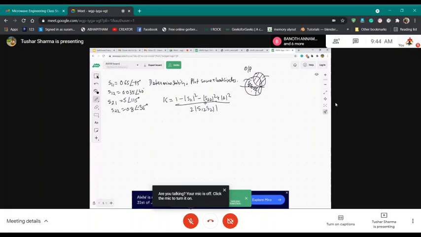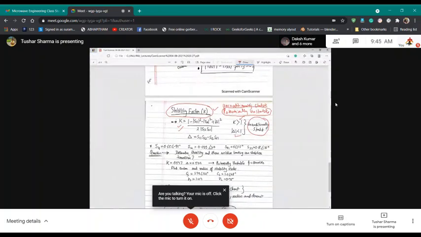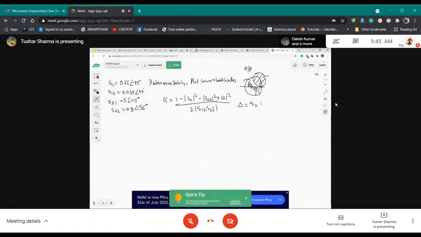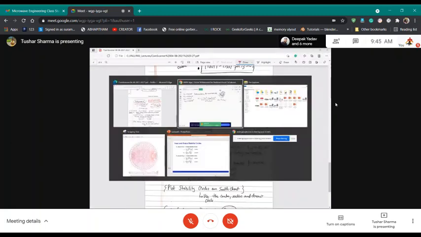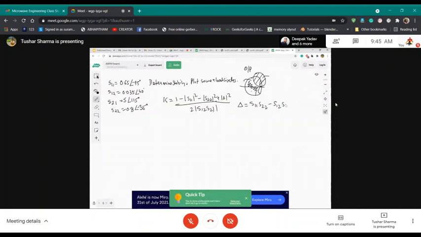Okay, and here delta is given by S11 S22 minus S12 S21. So first we have to calculate K and see what the value of K is in this particular case. Let's try to solve it. One minute, let me take out my calculator.